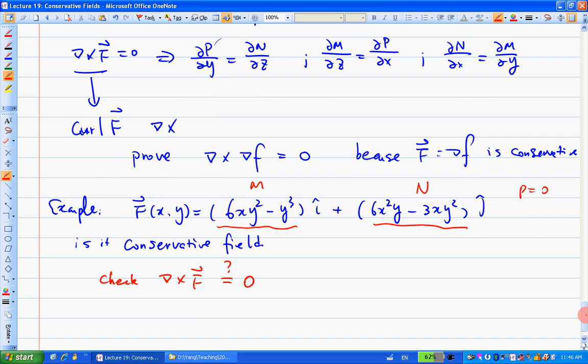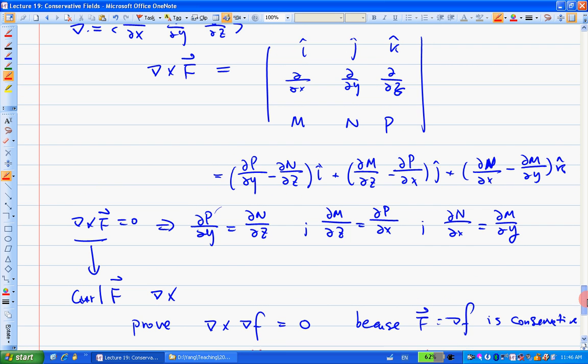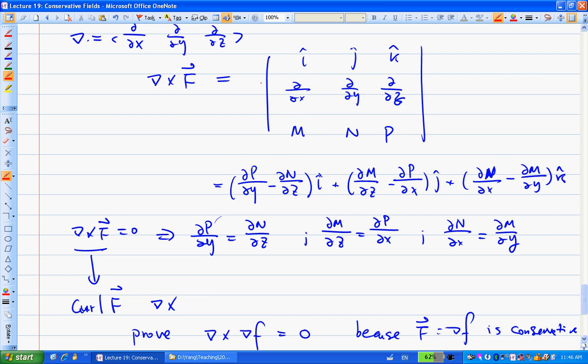According to the formula, this is del cross f. Now p is 0, so that term is gone. And the other thing is this is a 2D plane, so the functions m and n are not going to be functions of z. So eventually those terms are gone, and you only have the last one.